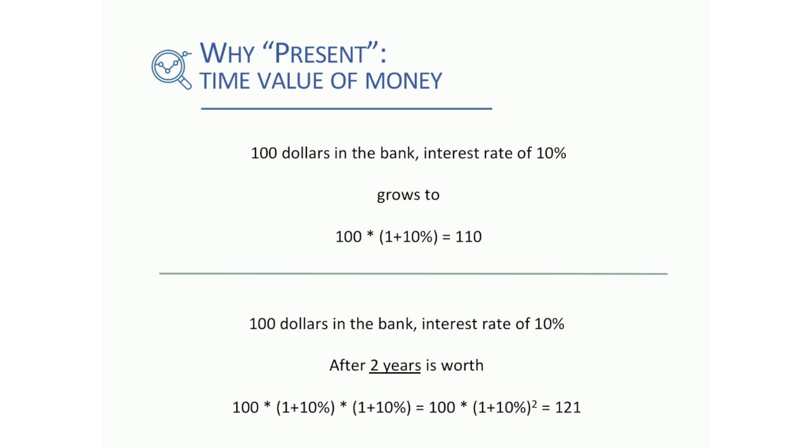After 2 years, those 100 will be multiplied once by 1 plus 10%, and they will be multiplied again by 1 plus 10%, for a total of $121, which is just 100 times 1 plus 10% squared. If you want to do the present value instead, then we again just flip things around.